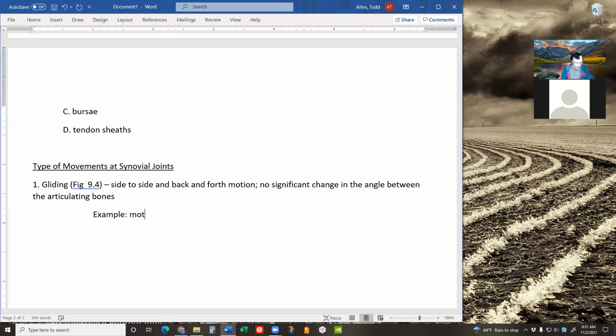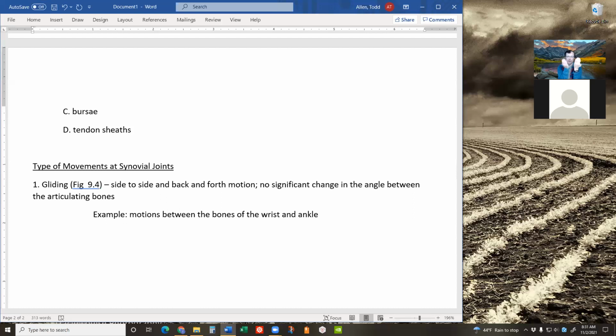Motion between the bones of the wrist and ankle. You see for yourself in figure 9.4, right? If you hold your hands out in front of you like I'm doing, with your two hands up like this with the palms facing towards you, and you just wiggle your wrists back and forth, left and right, that would be an example of gliding motion.